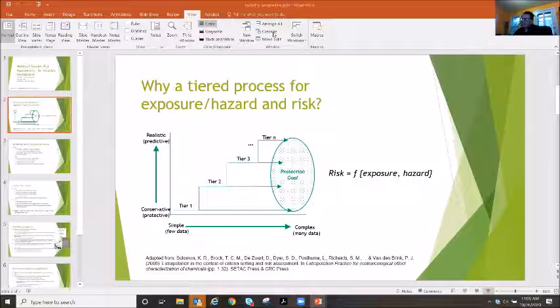But going from simple to complex, you hopefully will then go from a more conservative or what we might consider a protective assessment to a more predictive one, which might be more indicative of realism in the actual environment itself. So next slide.